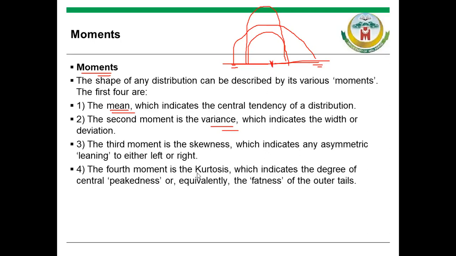Okay, the fourth moment is the kurtosis, which indicates the degree of central peakedness or equivalently, the fatness of the outer tail, like how tall it is, and this tallness means the frequency of values around a certain point. So this is called kurtosis. And in the next few slides, we will discuss these in detail.